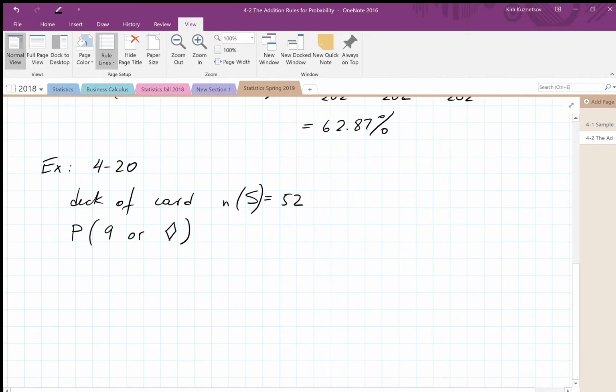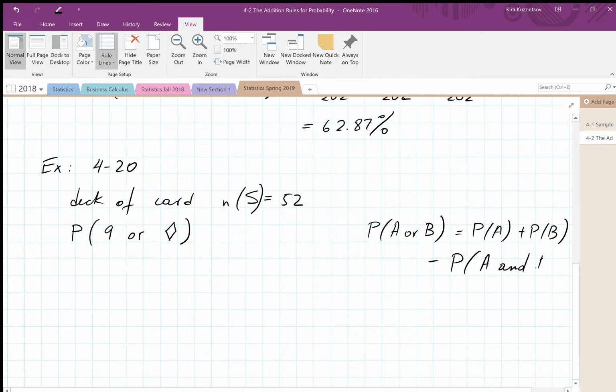The events 9 and diamond are not mutually exclusive. What happens is you need an alteration to your formula. The alteration of the formula is the probability of A or B is equal to the probability of A plus the probability of B minus the probability of the intersection.